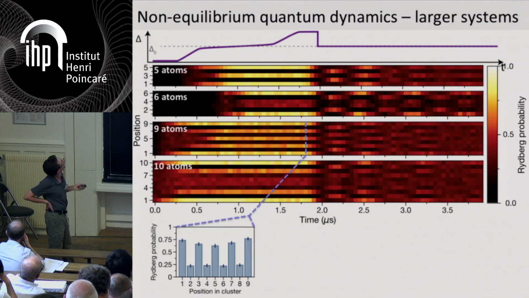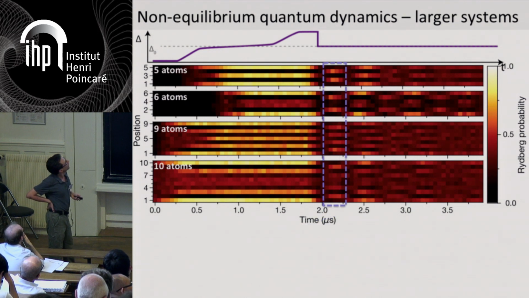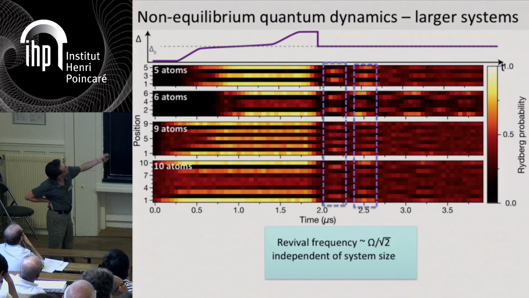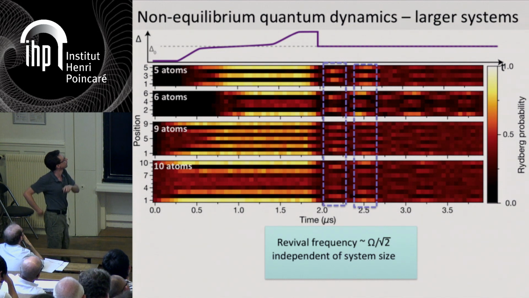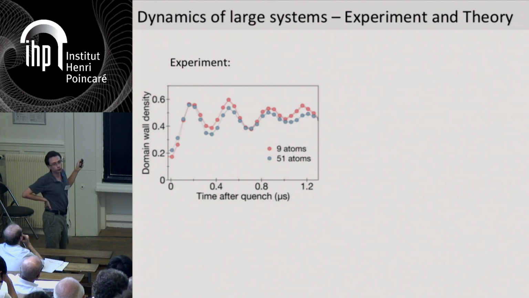And these oscillations are quite robust. They seem to be independent of the system size. And also, if you look at the frequency here, it's always a similar frequency, which is on the order of Omega divided by √2, where Omega is the Rabi frequency. And these oscillations also persist for very large systems, as shown here by the oscillations of the domain wall density for 51 atoms in blue.